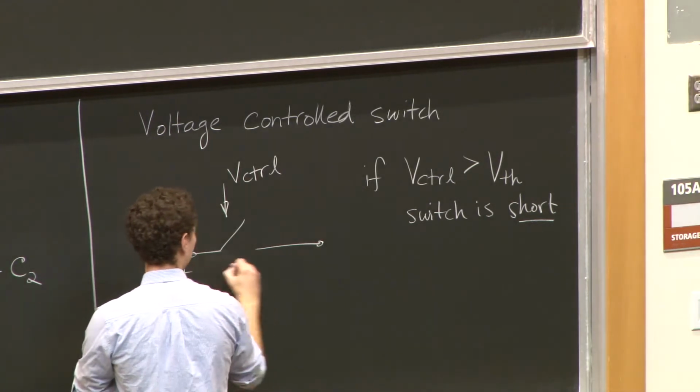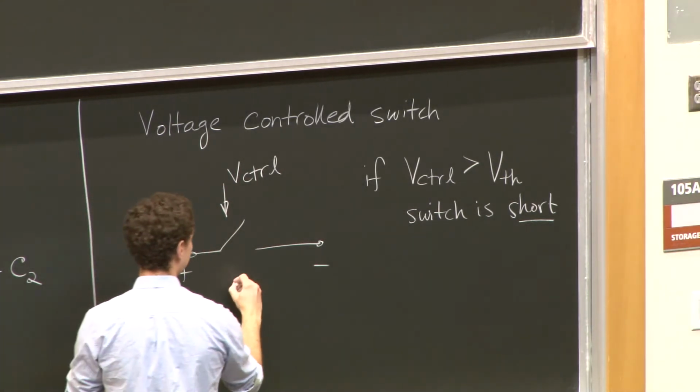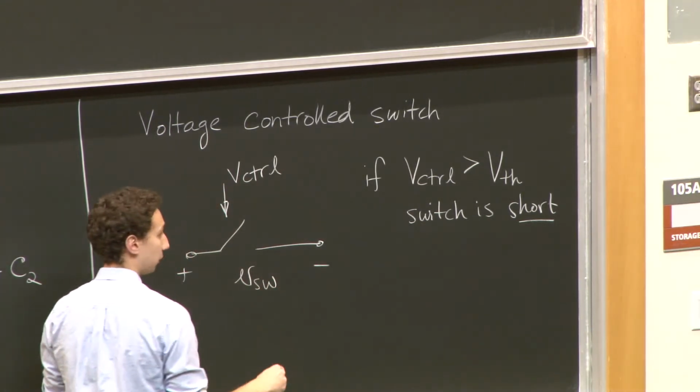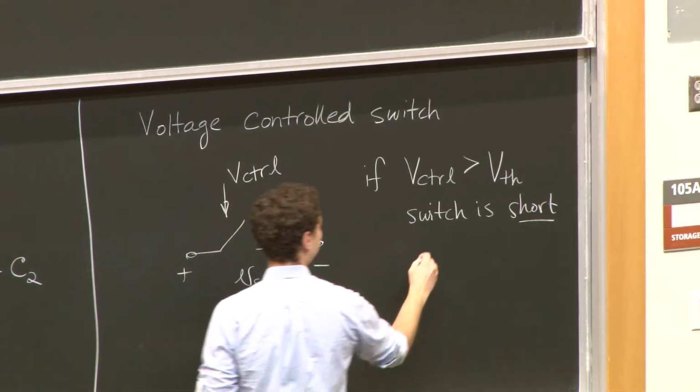Which basically means that the voltage across my switch, V switch, is equal to 0.